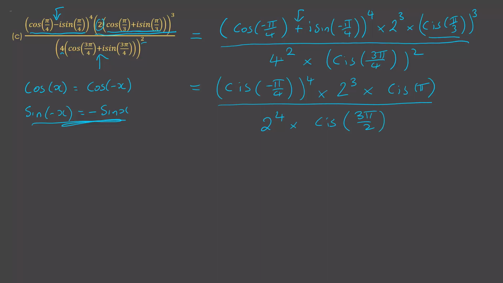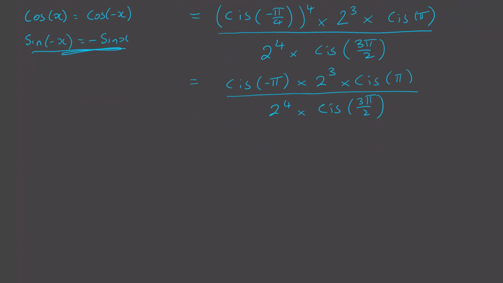Remember, it's 2 times 3 pi by 4 there. So cis negative pi by 4 to the power 4 is cis negative pi. But times 2 cubed times cis pi all over 2 to the 4 times cis 3 pi by 2.